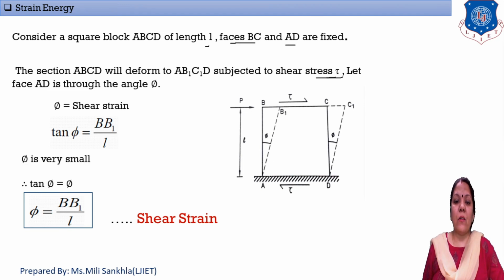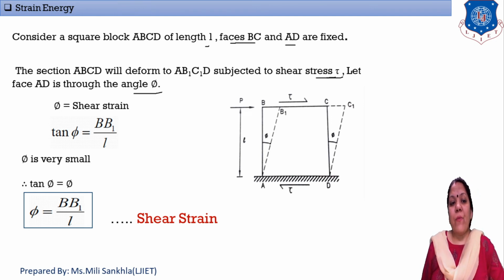Because of this, our block is deformed to AB1C1D, and this deformation is in terms of angle phi, that means shear strain. Here phi is equal to shear strain. We find the value of this shear strain.